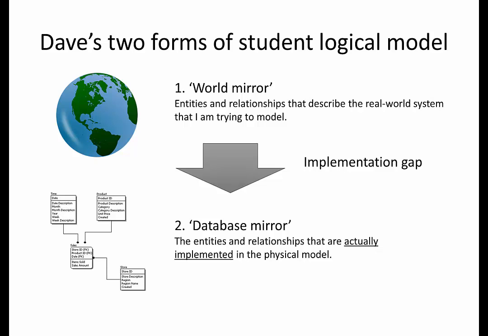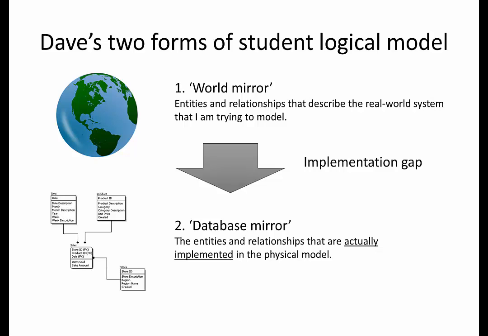Then there is the database mirror view of the logical model, or reality of the logical model, which is that the entities and relationships that the model shows are actually implemented in the physical model of the database. So in this case, your ER diagram is modeling the things in the world that you're interested in. In this case, they are representing the structure of your database as implemented.